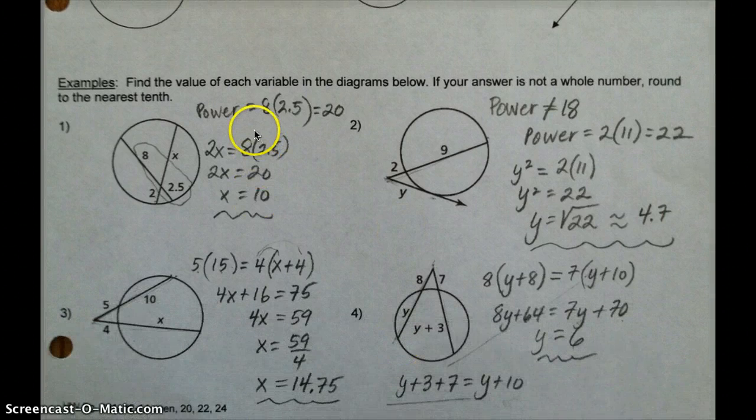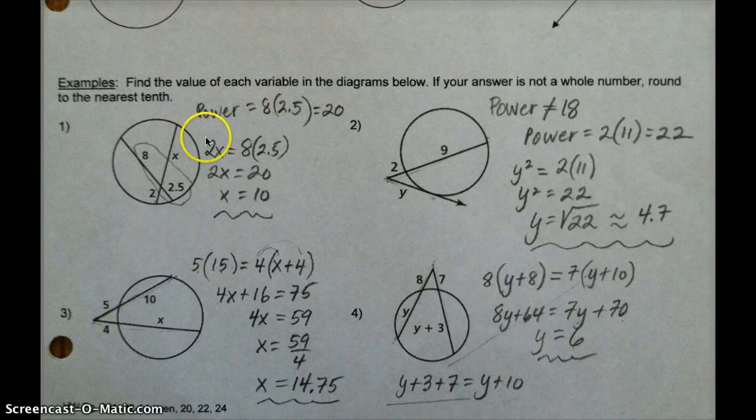So if we need to find the value of each variable in this diagram, we would use that we know the power of this point here, this point that lies inside. So the power of this point will be 2 times x, and it will also be 8 times 2.5. So we have 2 times x equals 8 times 2.5, because the power will always be the same.